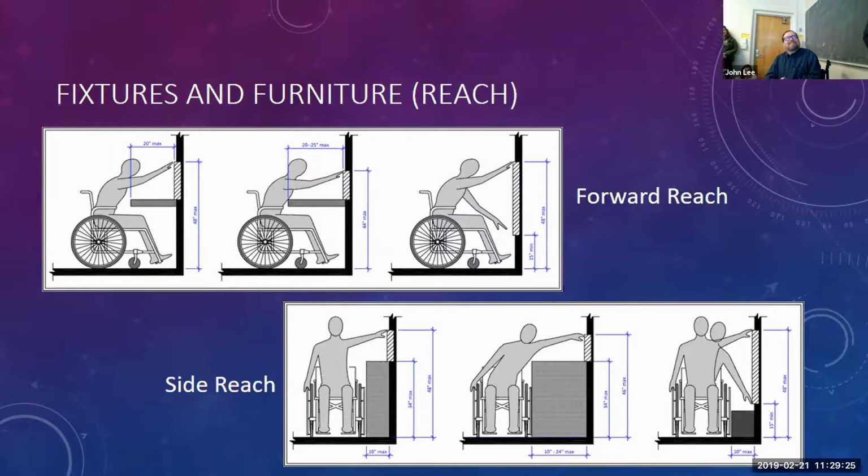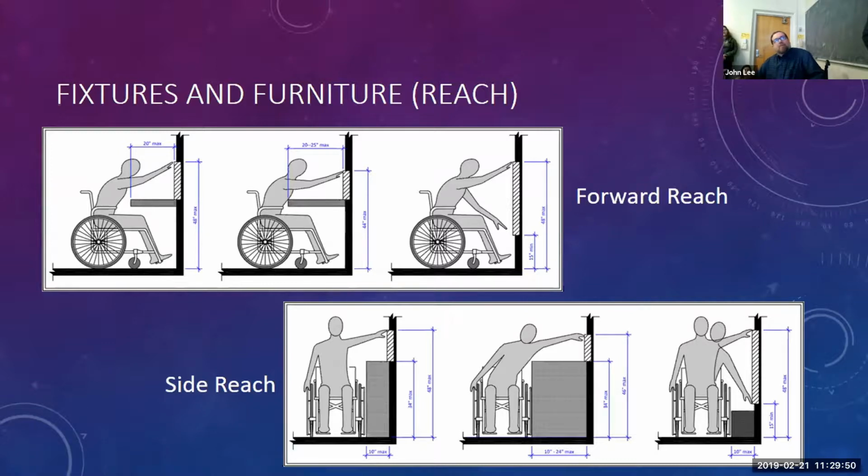It was unintentional. But I'll sometimes do a side approach reach if I can't get up close, because you'll notice for the wheelchair user to get up close, they need clearance below the surface. The clearance underneath is generally about 30 inches width and at least 20 to 25 inches depth.